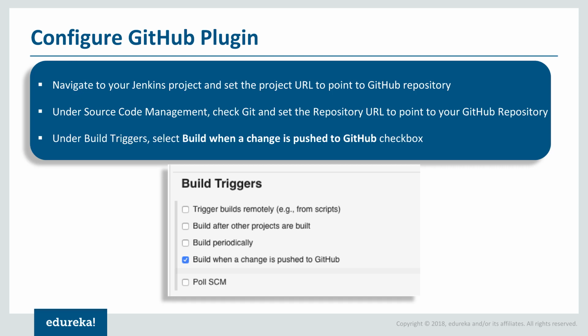You just give the URL of your GitHub repository, and under source code management, check Git and set the repository URL to point to your GitHub repository. That's all you need to do. And once you do that, under the build triggers section, you need to select build when a change is pushed to GitHub. Just select that checkbox or put a check mark in the checkbox and you're done there. This is how it looks in the build triggers section.